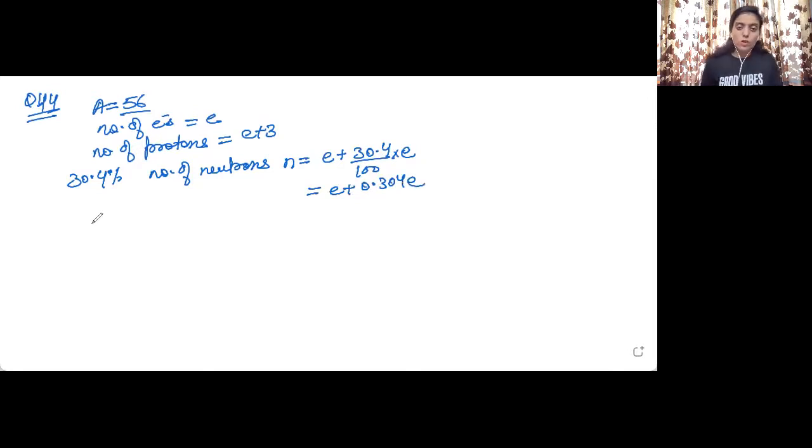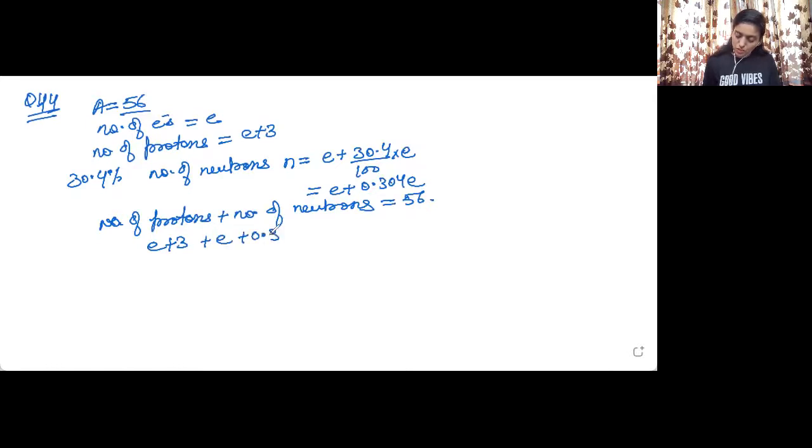Now A, the mass number, is equal to number of protons plus number of neutrons, and it is given as 56. So the number of protons is E plus 3, the number of neutrons is E plus 0.304E, equal to 56. Or we can write 2E plus 0.304E is equal to, taking this on the other side, 53.